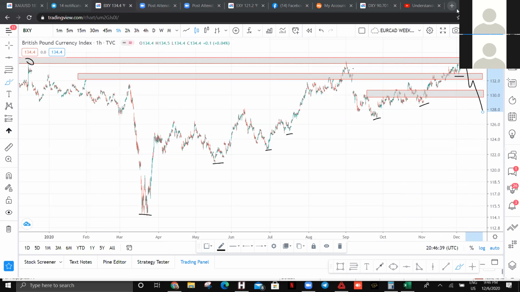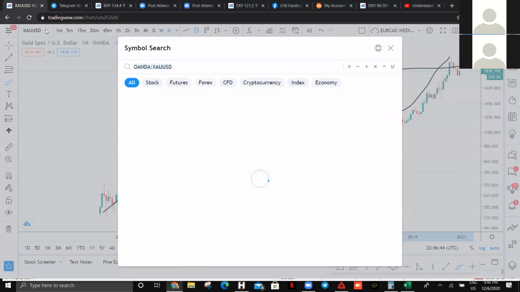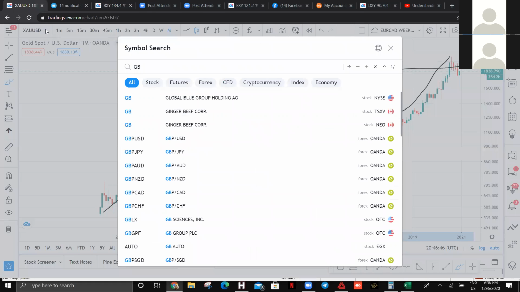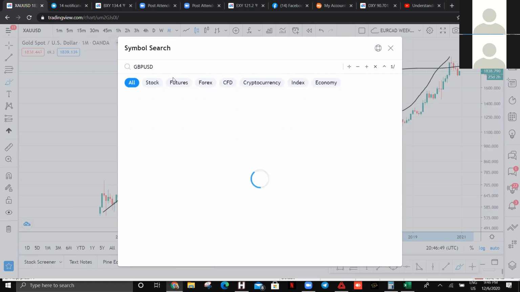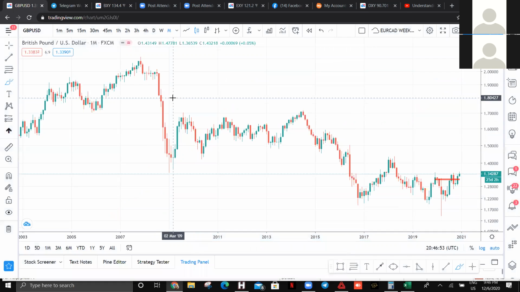So now let's go to GBP USD. I'll change it to GBP USD. I even have a chart on it. So let's delete it now.